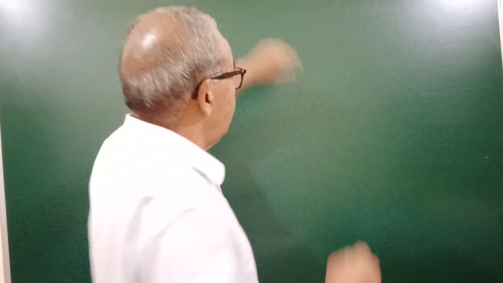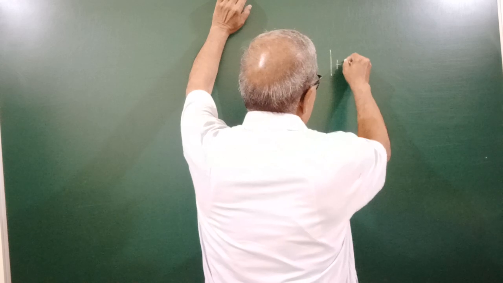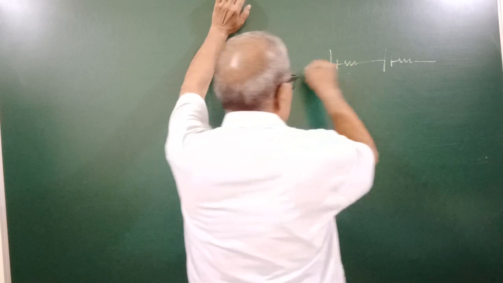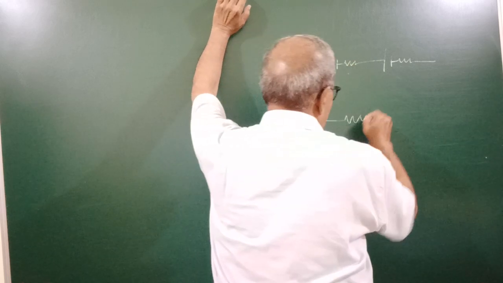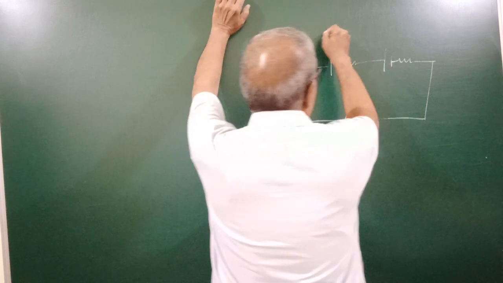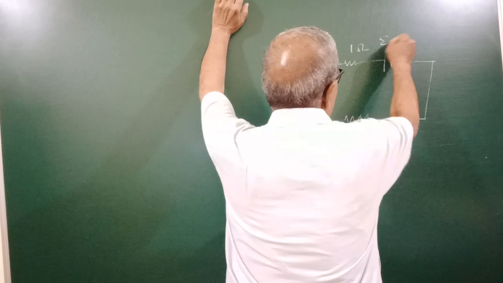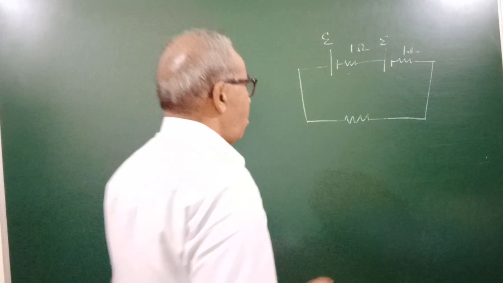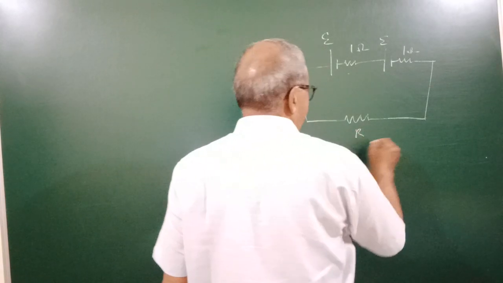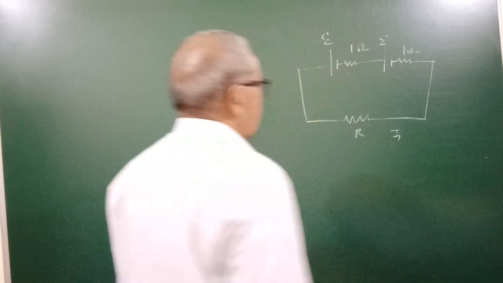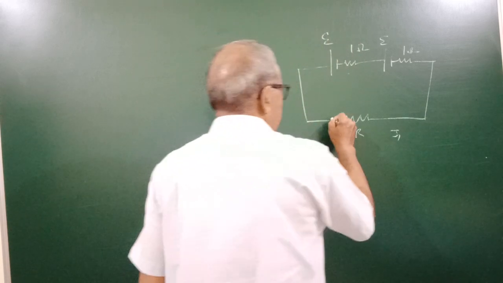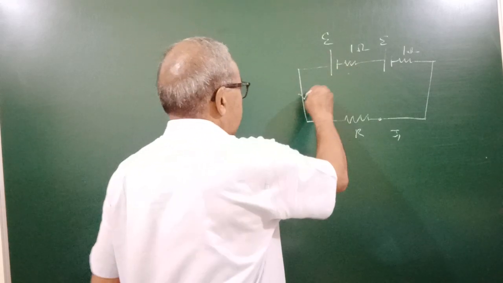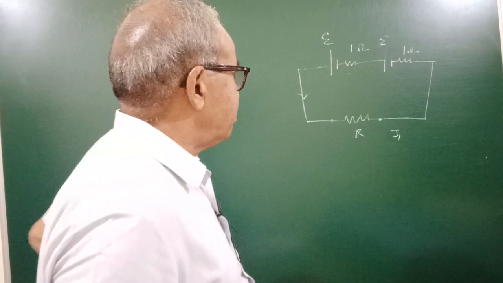When 2 batteries of the same EMF and same resistance are connected in series across a resistance R, they are actually identical battery cells. So they produce power J1.